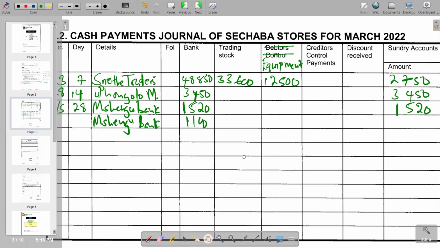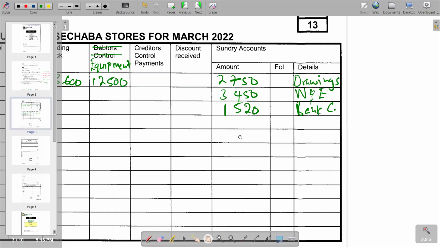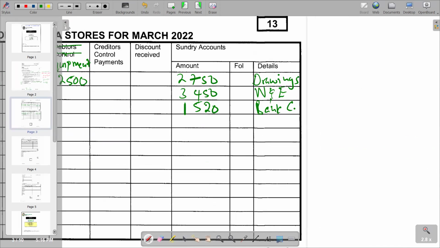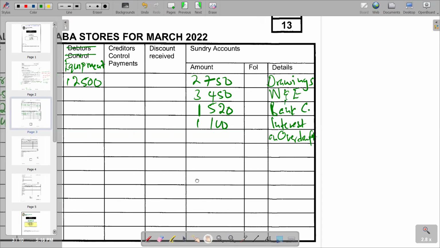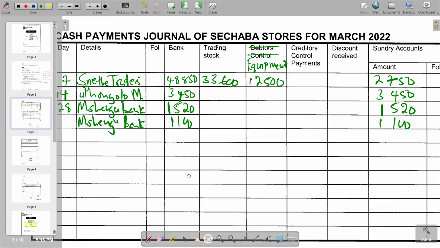We are supposed to come under sundry, and we are saying 1,100, and this is interest on overdraft. So basically, that's the last item that we have. So this is our cash payment journal.